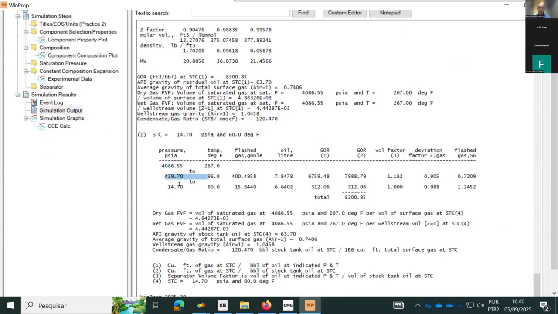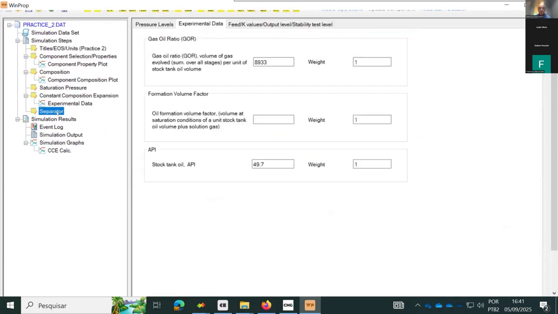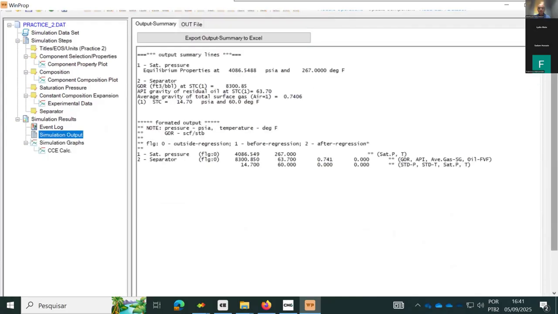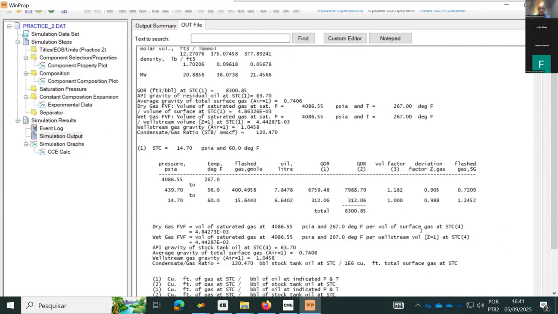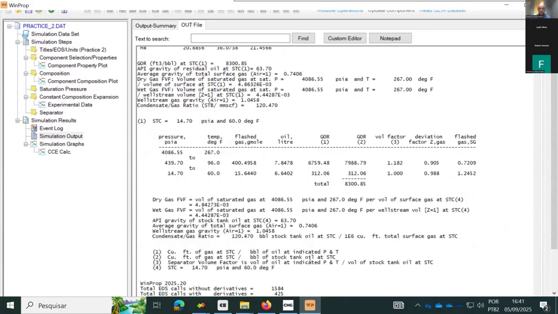This is the separation pressure that I put in my project, and this is the atmospheric pressure. For this condition, I generate a total GOR of 8,300. The data that I put was 8,900. So there is a deviation between the prediction and the data. Let's double check the API as well. They compute the API. API is here.